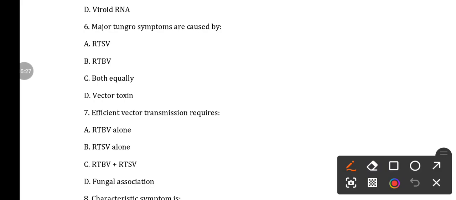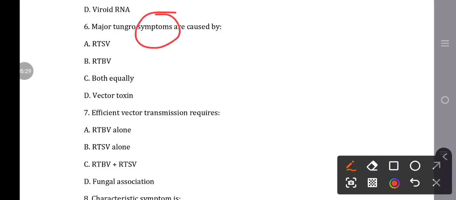So here the answer is option B, RTBV. The Rice Tungro Bacilliform Virus is responsible for the production of the major symptoms of Rice Tungro disease.